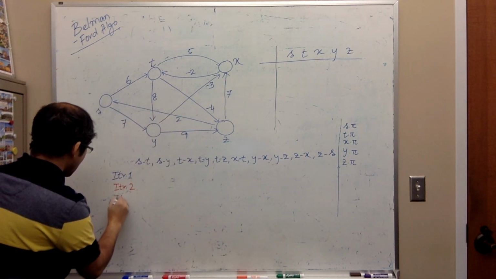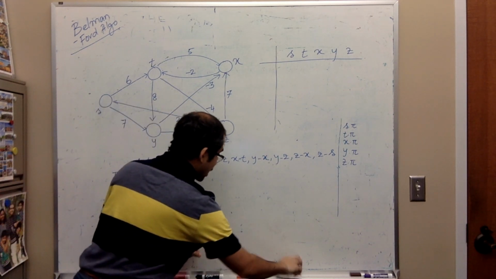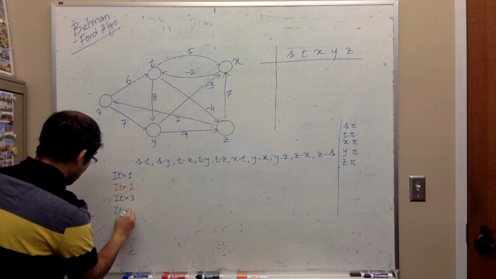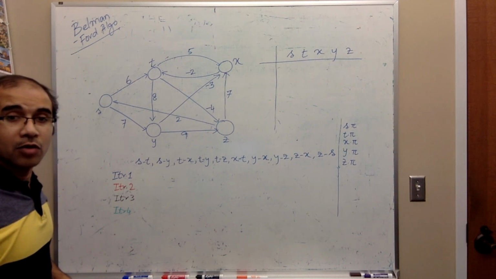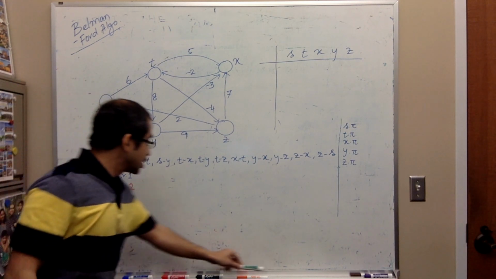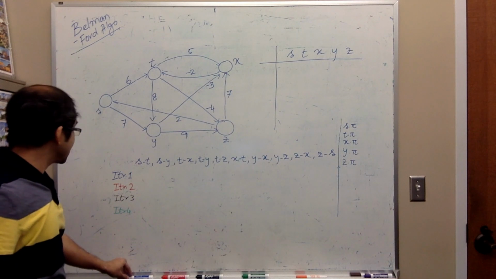ITR3 using black, and ITR4 using green. I hope green is visible there. I put the pens in that order also so that I don't forget it.